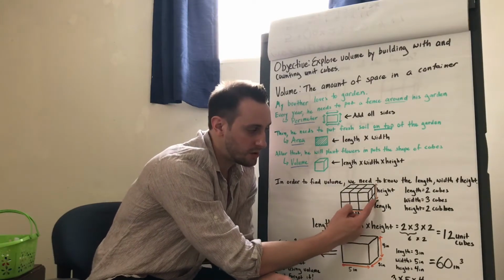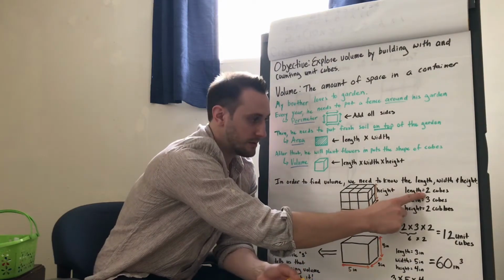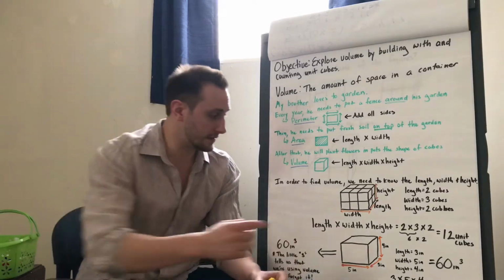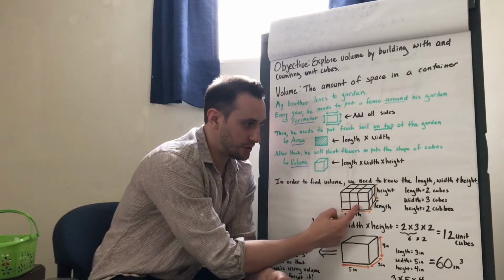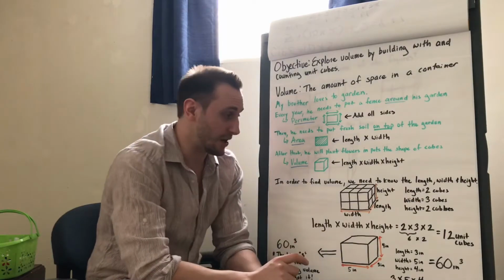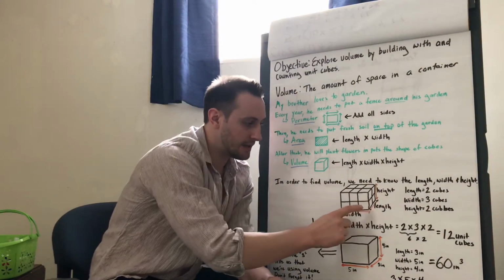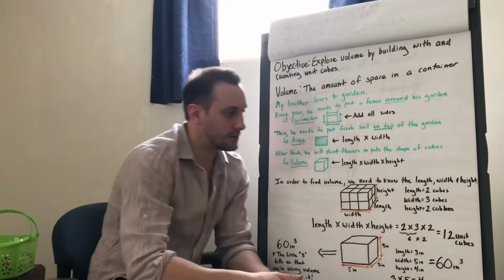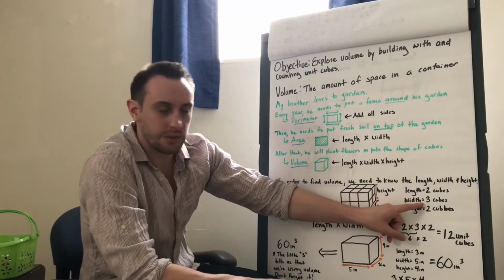I'm going to count 1, 2 boxes. Then I'm going to find the width. That's how wide something is. 1, 2, 3. So the width is 3 cubes. The next thing I need to know is the height, and that's going to be 1, 2. So 2 cubes. So now I have the length, which is 2, the width, which is 3, and the height, which is 2.